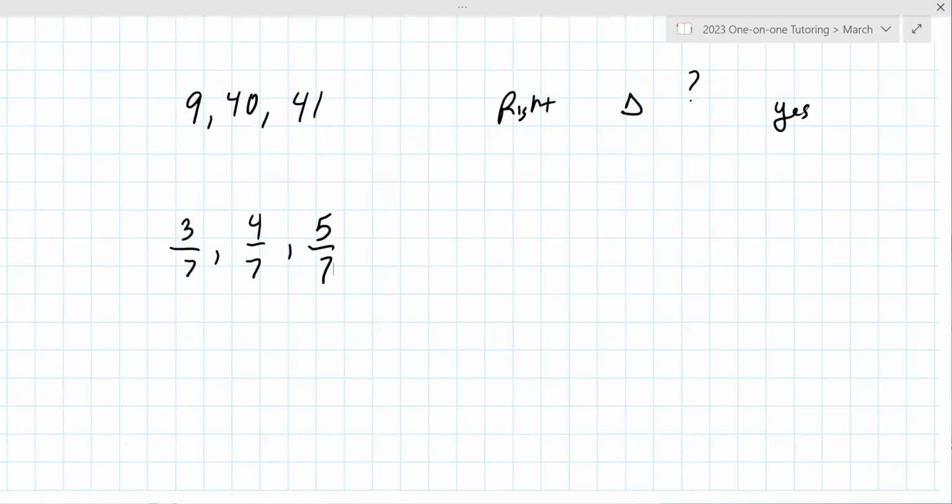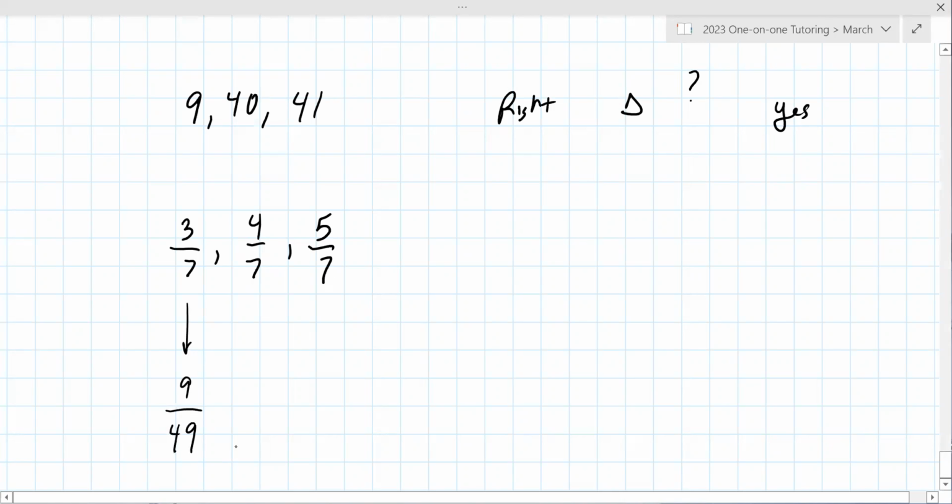Okay. Tell me a little more. Did you square the first two? Yeah. What is 3/7 squared? 9/49ths. How about 4/7 squared?